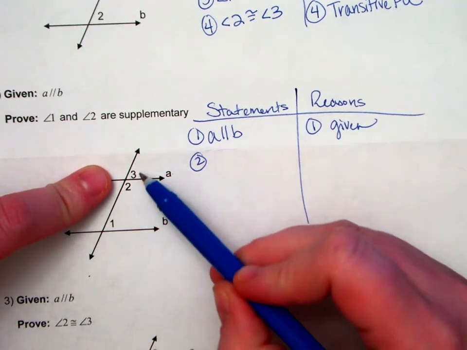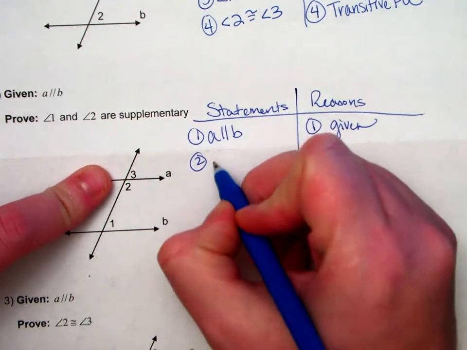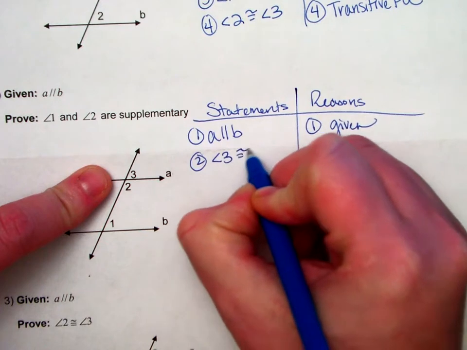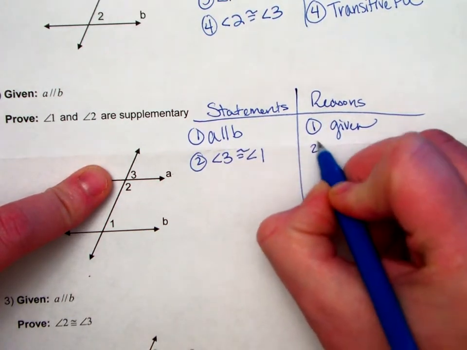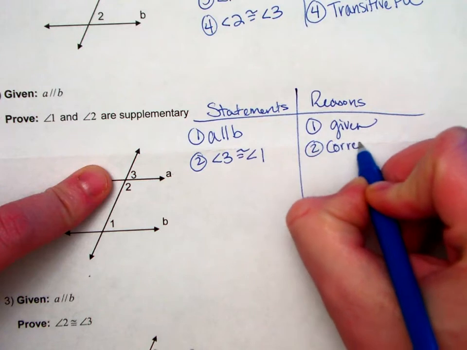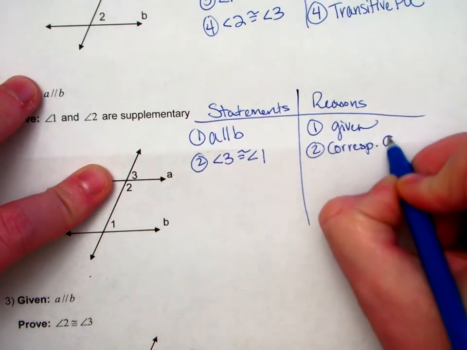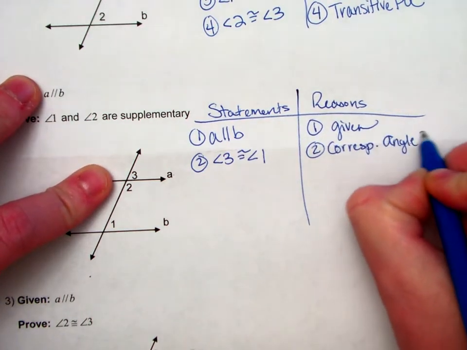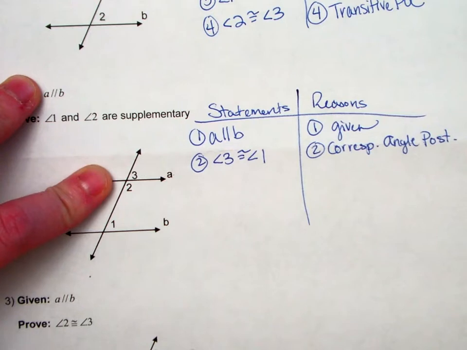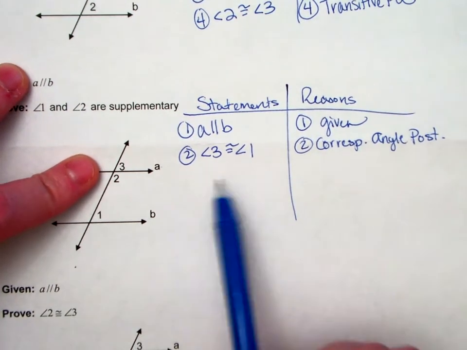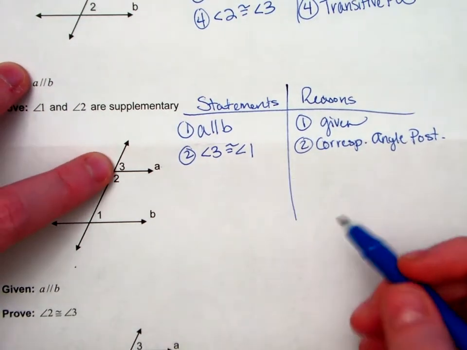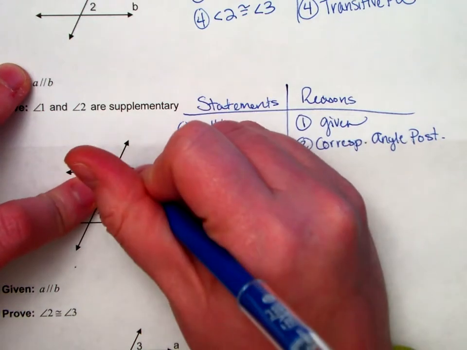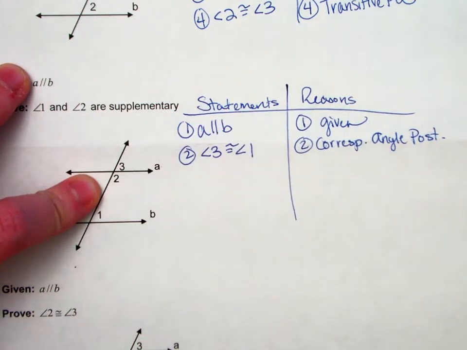Number 2, since A is parallel to B, lines A and B, we're looking for some corresponding angles. 3 and 1 correspond, so angle 3 is congruent to angle 1. Order doesn't matter as long as you have the congruence symbol. That's the corresponding angle postulate. Once again, it's not the converse because we are not saying that lines are parallel, so it's the postulate. Now I know that angles 3 and 2 are a linear pair.